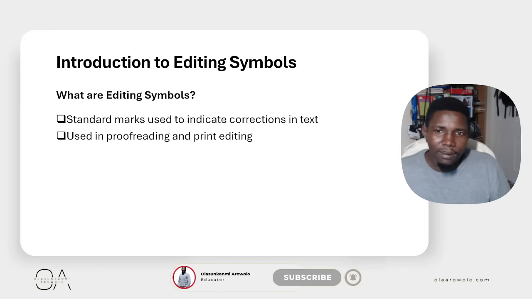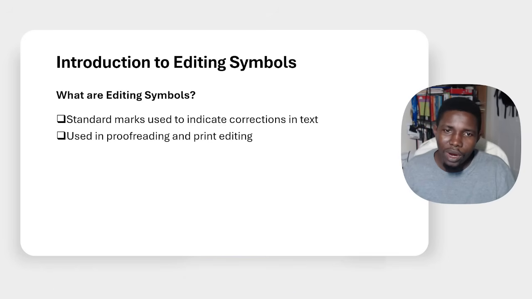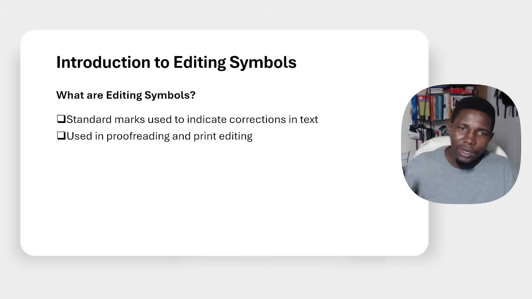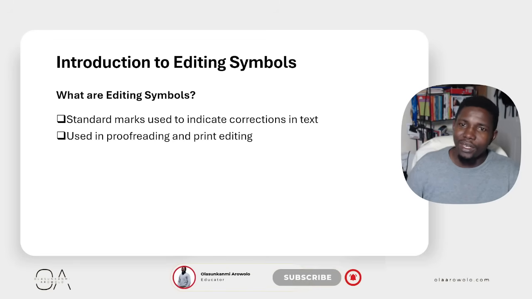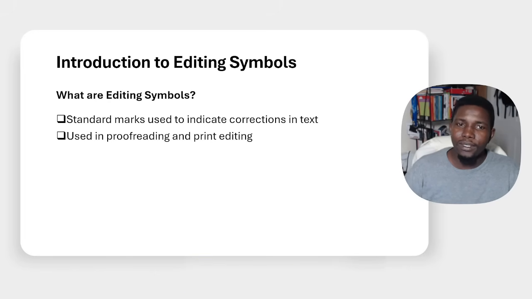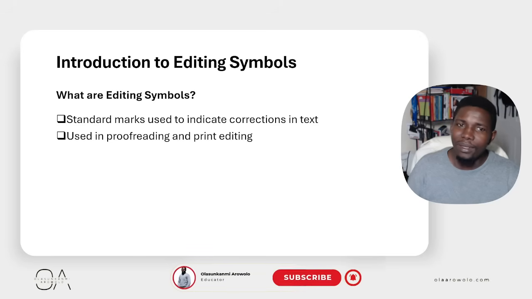I'll timestamp the moment where I taught about it in another course, so I don't have to repeat it here. So we have the caret sign, the insert sign, the transpose sign, the capitalization sign, the bolding sign, the stet sign, meaning keep it in place. So these are used in editing, sub-editing, and more.